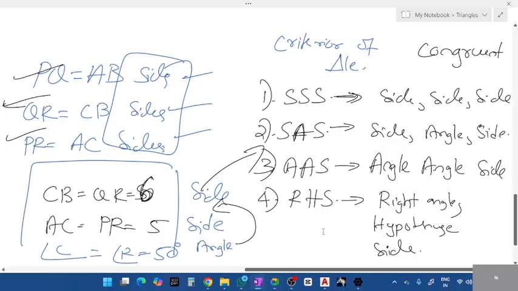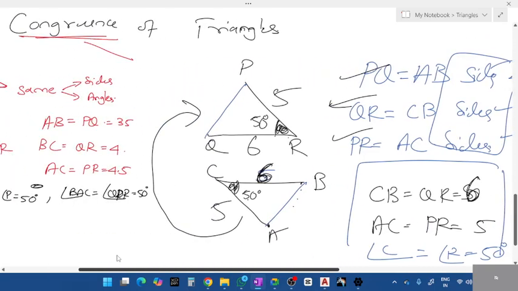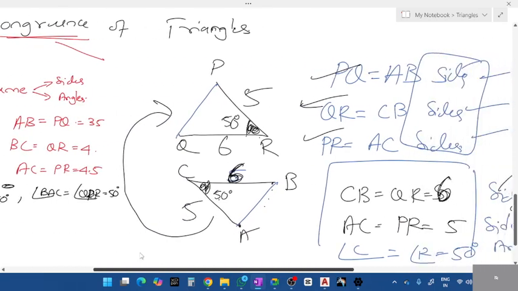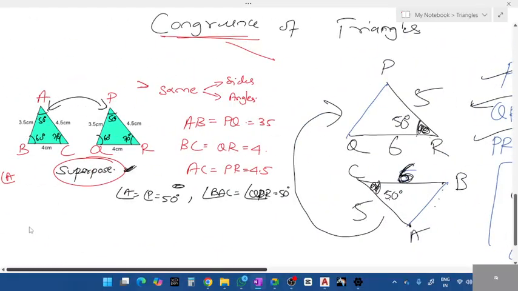You didn't understand all this? Confused in which one? Which topic? Congruency of triangle? What about congruency? If you have any confusion, you all should ask me, students.